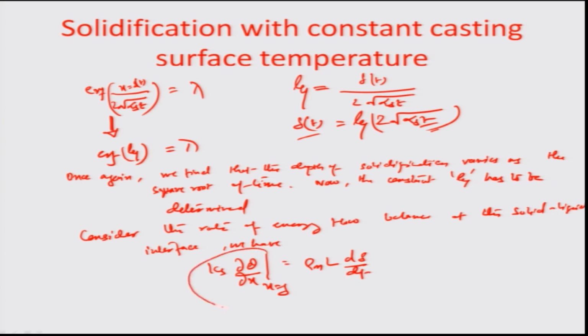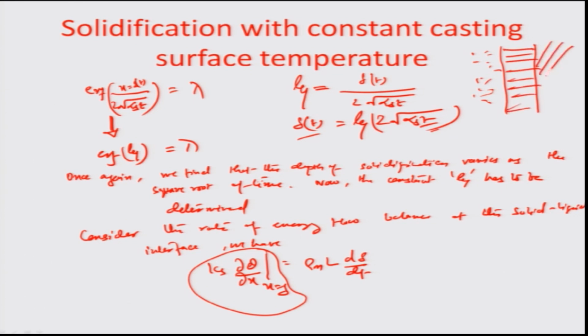So, obviously, at this front delta, this is the mold, this is the solid part, and this is basically the liquid part. So we are talking about x equal to delta as a function of time. If there is a temperature gradient d theta by dx which exists at x equal to delta, that times the thermal conductivity of the solid Ks should be equal to the total amount of heat rate that is liberated because of the moving front.